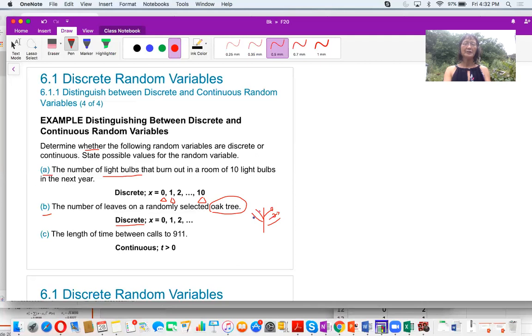No matter how big the tree is, you can count how many leaves. So it is discrete. Question C. The length of time between calls to 911. Okay, and this is a continuous random variable because it could be any value, longer than 1 second or 1 minute.